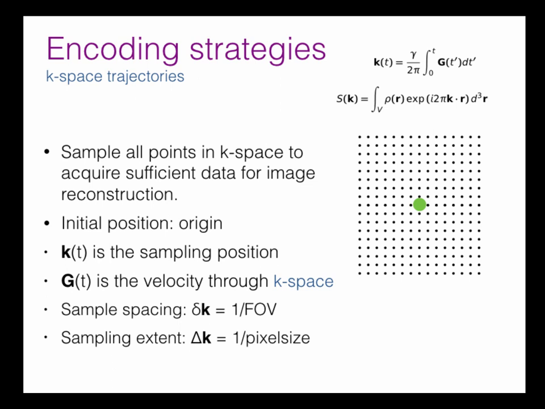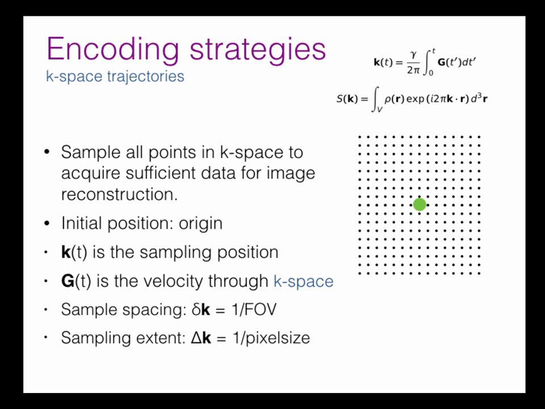And we can think of G of t, the gradient vector, as being our speed. So if we turn a gradient on in the x direction, we'll move this way. If we turn a gradient on in the y direction, we'll move this way. And we can control how fast we're traveling by varying G. G is basically the velocity through k-space. Okay? And then we take samples as we go.